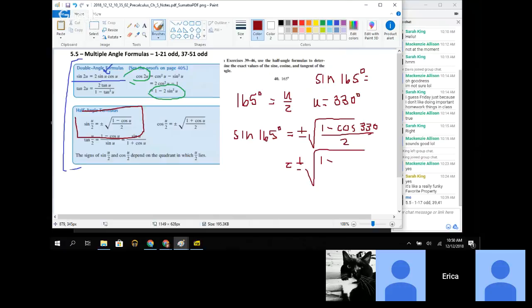So that is negative 1/2 over 2. So 1 minus 1/2 is 1/2 divided by 2 is 1/4. So it's plus or minus the square root of 1/4 is what the sine of 165 degrees is.